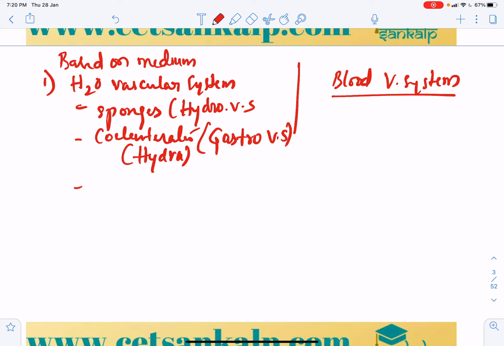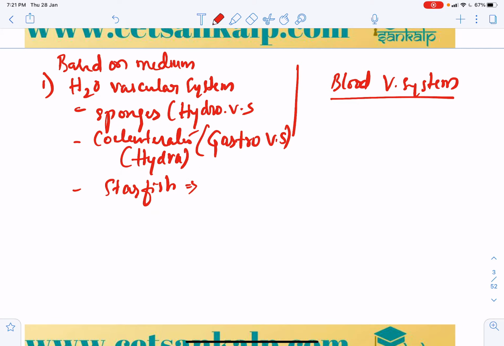And in the case of the starfish, that is Echinodermata, the water moves through the ambulacral system. In each of the radiating arms we can see these structures, in the starfish, which has pentaradiate arms.